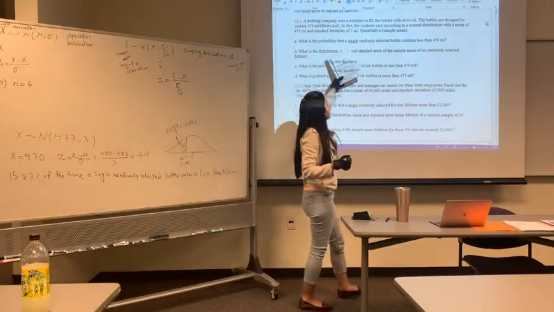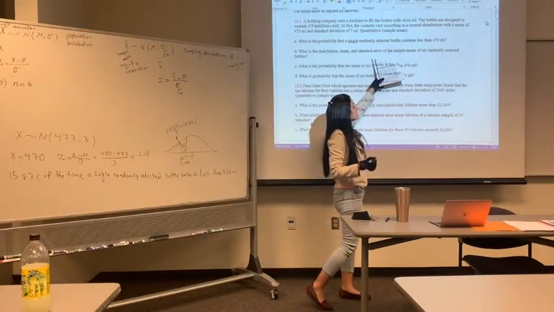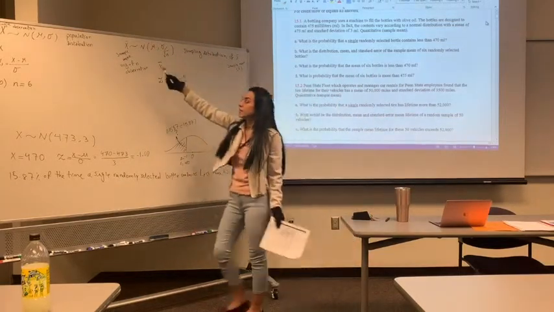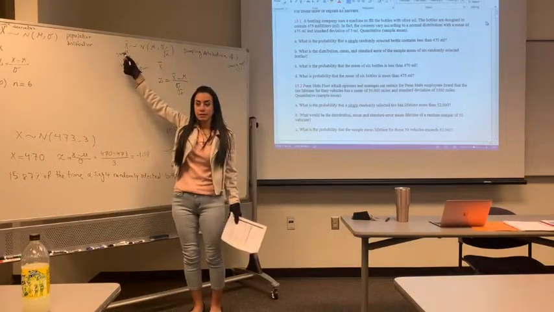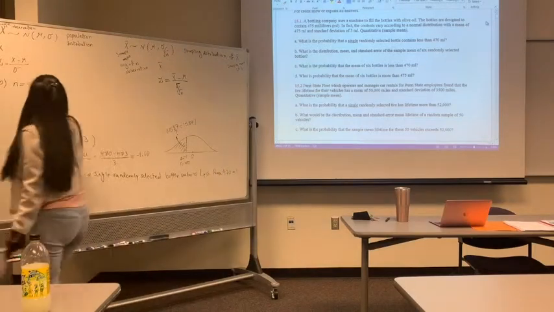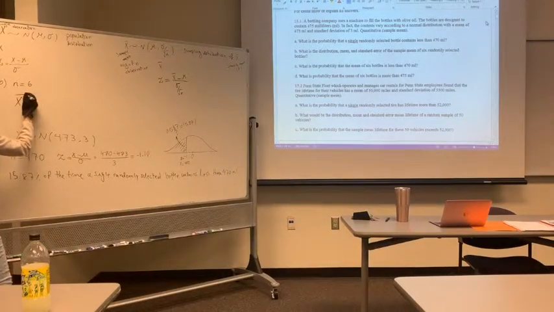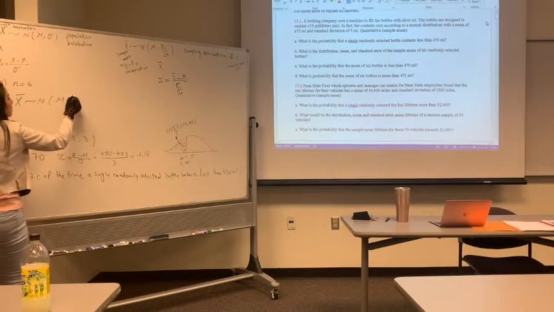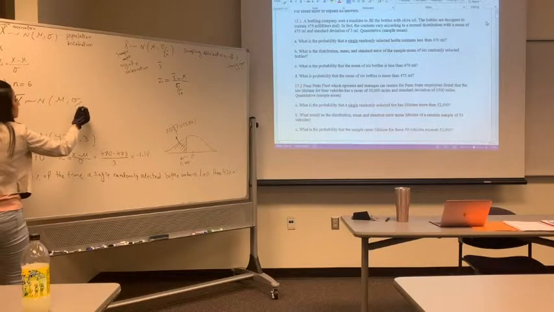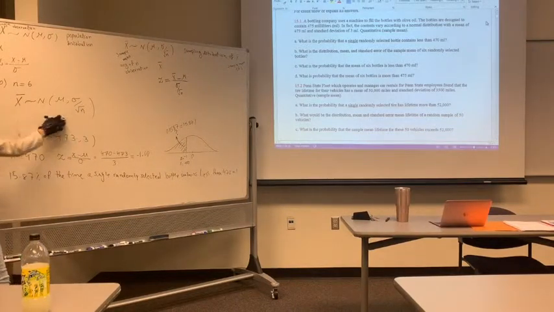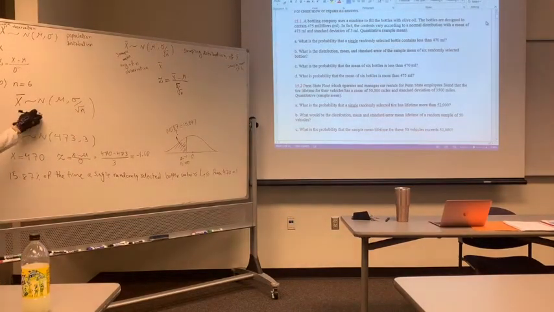Distribution, mean, and standard error of the sample mean. Xbar is the sample mean, correct? So the distribution of xbar is normal. So this is the distribution of the sample mean, correct?